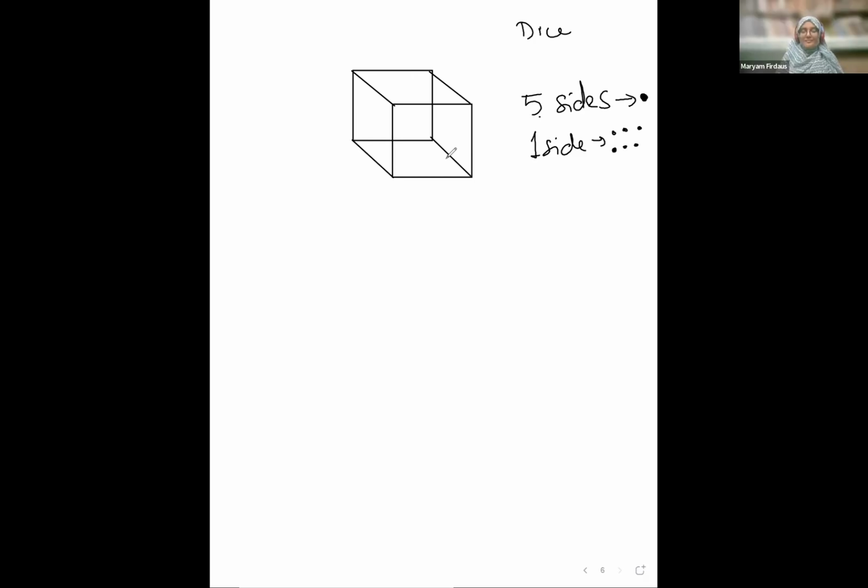See, a die has 6 sides, right? On 5 sides it has 1. Only on one side the number is 6. So when you roll the die, what is more probable? Your answer was right, that it will be 1.